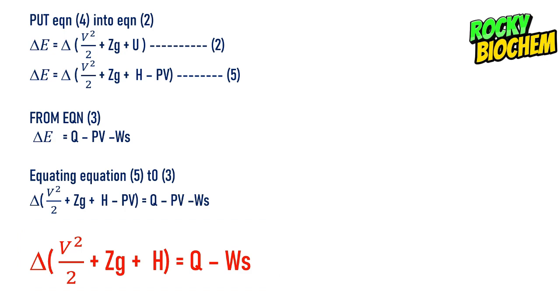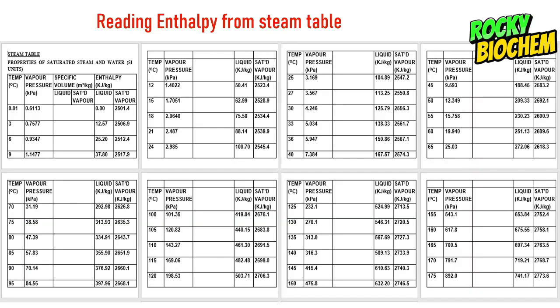So we are about to start the calculation. But before we start the calculation, let's learn something briefly about the steam table. The steam table gives us an insight into the temperatures and then the various phases of water. So with this, we'll be able to know the heat content of a particular liquid water or steam, or a saturated vapor, based on the temperature that we are given at hand.